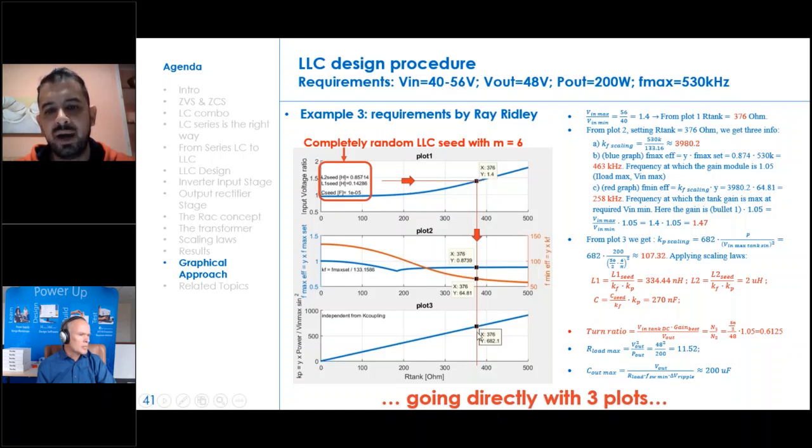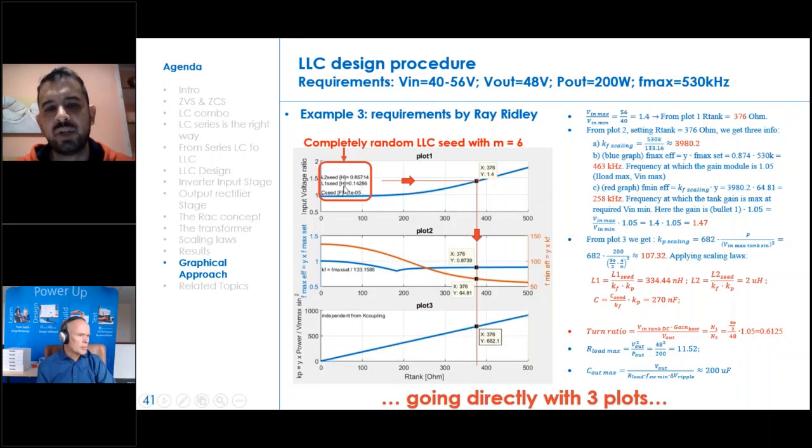You identify the best tank resistor which is able to guarantee the maximum tank gain you need at 40. From the second plot, you get 3 pieces of info: the frequency scaling factor, the maximum working frequency looking at the blue plot, the minimum working frequency looking at the red plot, and the power scaling factor.